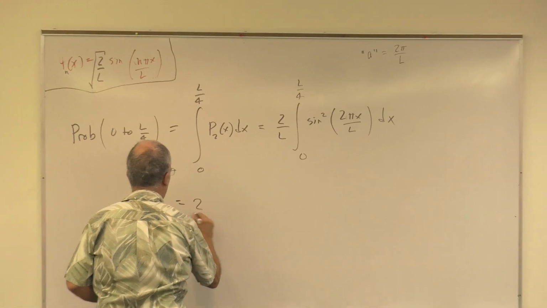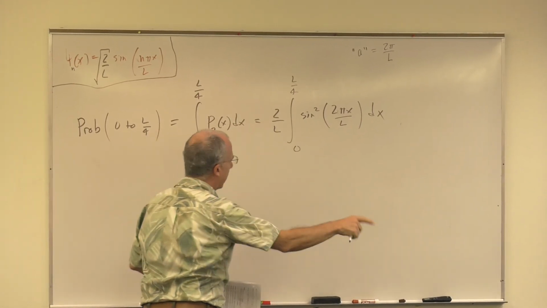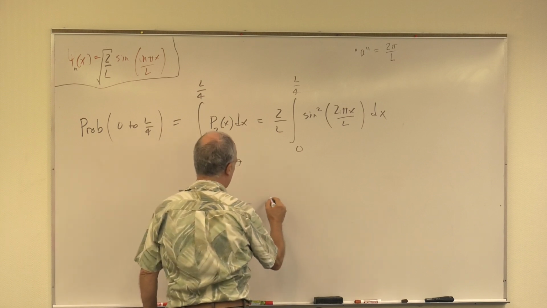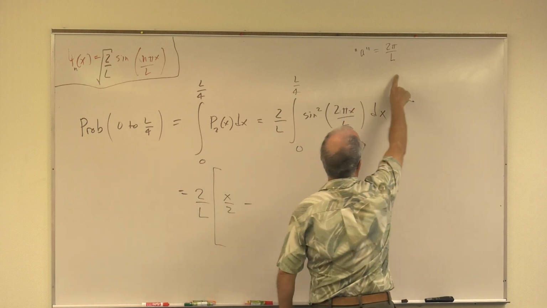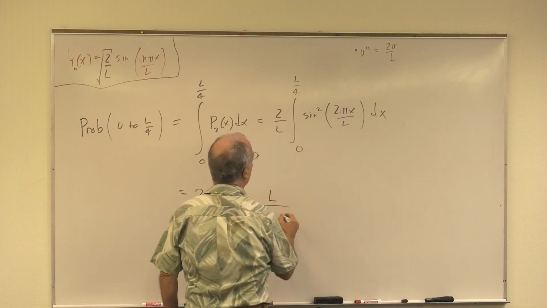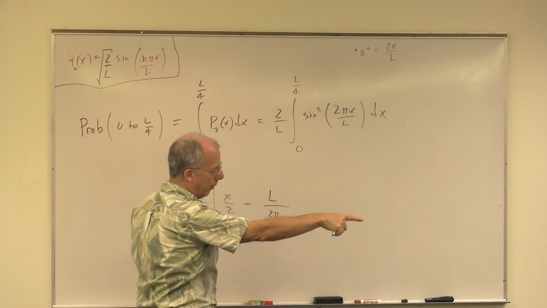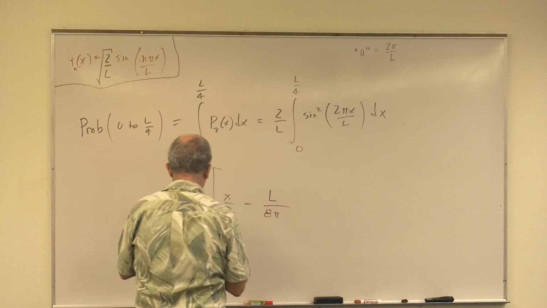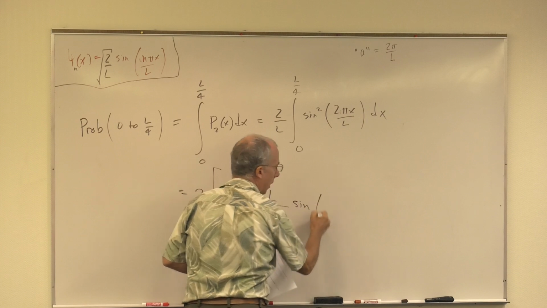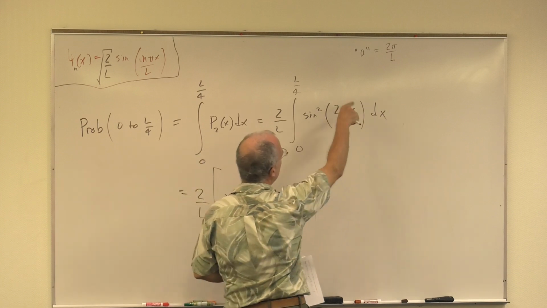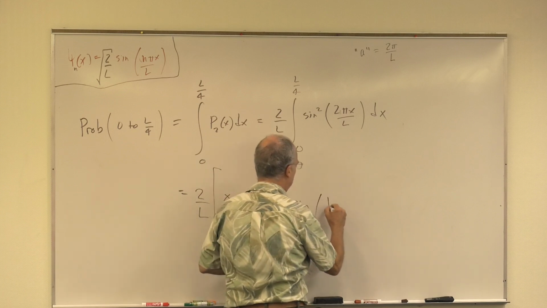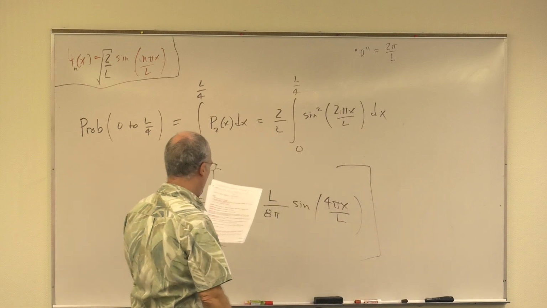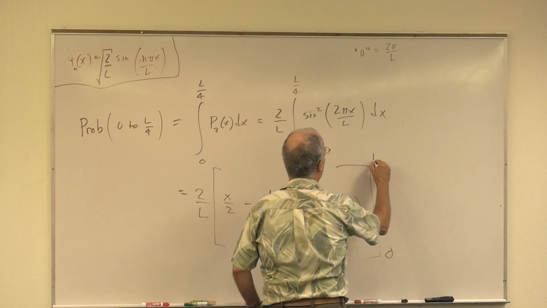We have 2 over L, x over 2 minus, now we flip this because that's 1 over a, so we get L over 2 pi. But then we have to divide by 4, so we get L over 8 pi, sine of 2ax. 2 times 2 is 4, so it's 4 pi x over L. And then we're going from 0 to L over 4.